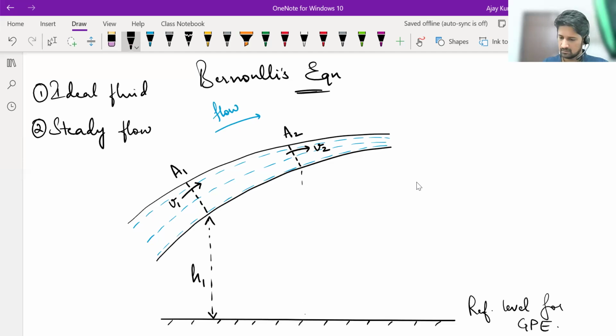That is, the radius or diameter of the pipe is very small compared to these heights. That assumption is important. You can't apply this to very broad pipes. Fine. And the pressure in the fluid at the area of cross section A1 is P1, and at cross section A2, let's say the pressure is P2.